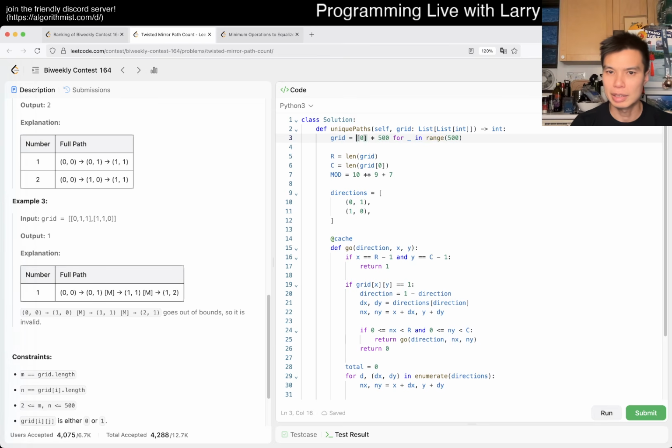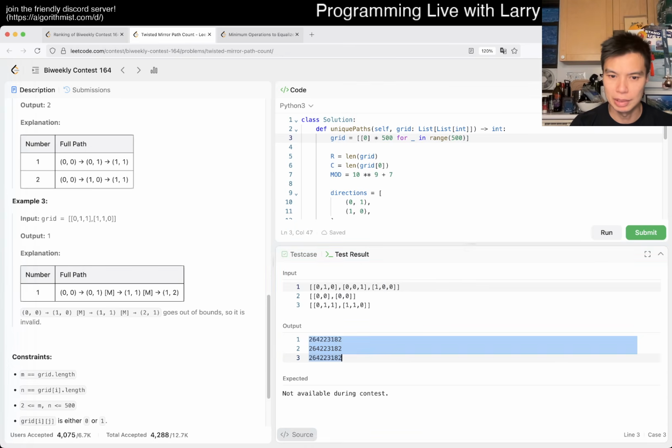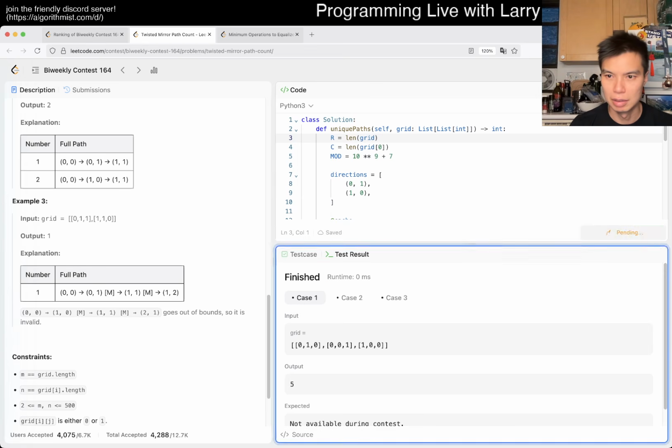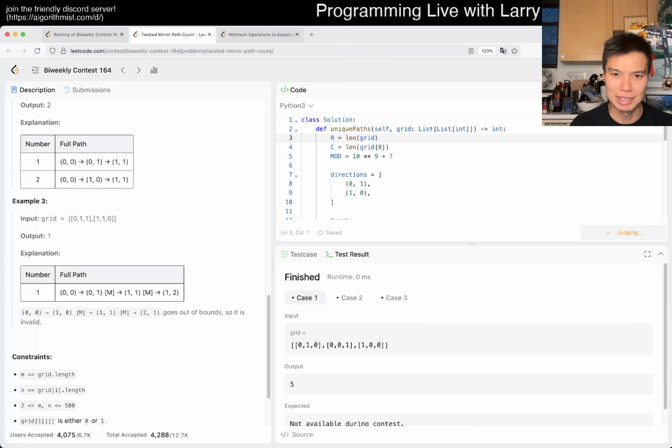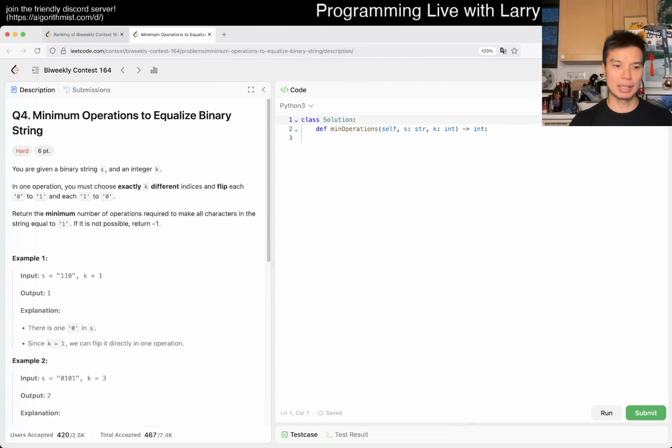Like, is this the worst case? Because the 1s actually makes it smaller even, right? So we want it for 3 cases. It takes 1.8 seconds. I think that's fine. I mean, maybe I get wrong answers because I rushed it a little bit, but hopefully this is fine. Yep. All right, not bad.